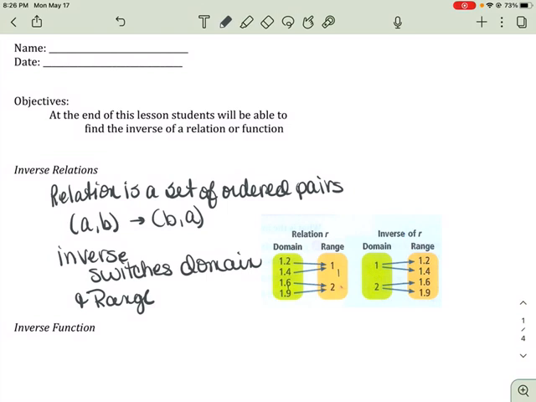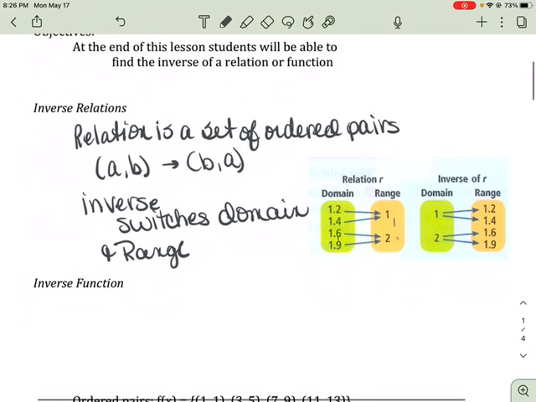Now, not every relation is a function. You can have a relation whose inverse is a function, and you can have a function whose inverse is not a function, and you can have a function whose inverse is a function. So it could be functions both ways.